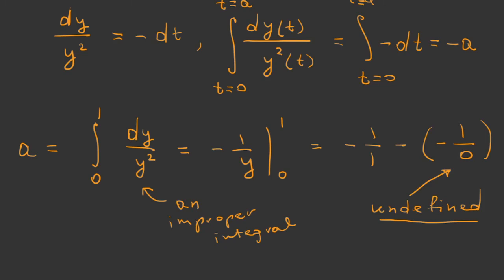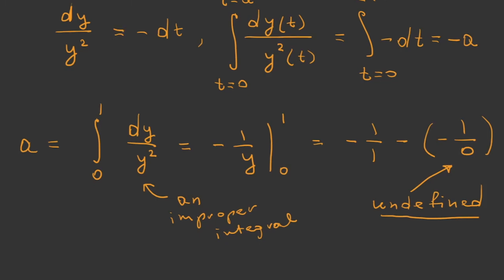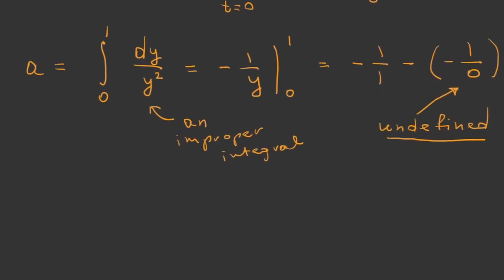Okay, well, since 0 seems to be a little bit of a problem, what if we try to calculate the amount of time it's going to take the object to travel from y equals 1 to some point that is close to 0.